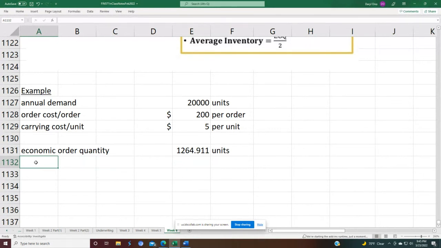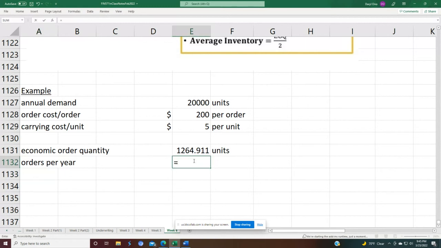Okay, so how many orders per year am I going to make? If every time I'm ordering this amount, 1,265, how many orders per year am I going to make?